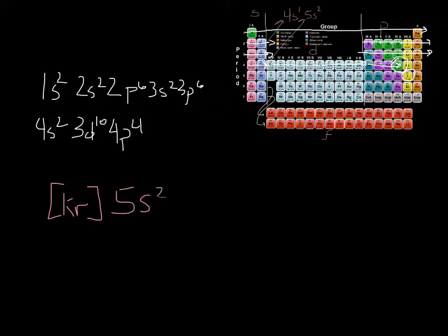So it'd be 5S, and we're going to have to go 2 across. After that, we come to this row right here, which is the D block in the 5th row, so that would be the 4D, and we'd have to go 10 elements across there. After that, we would go 1, 2, 3, 4, 5 elements over in the 5P. So 5P5. There's the noble gas configuration for iodine.